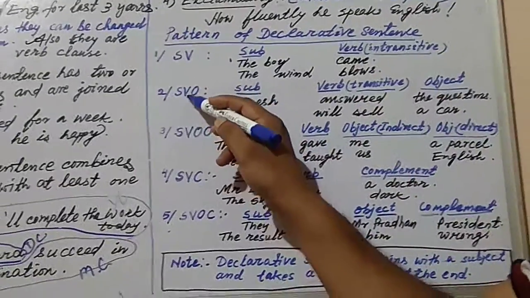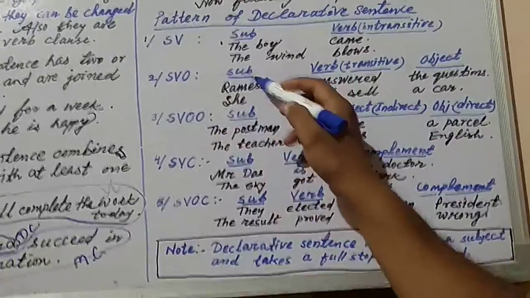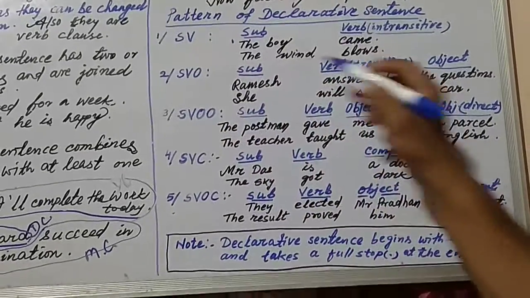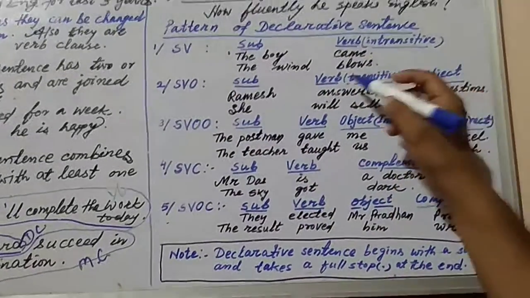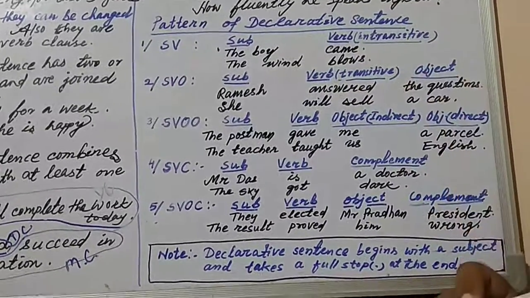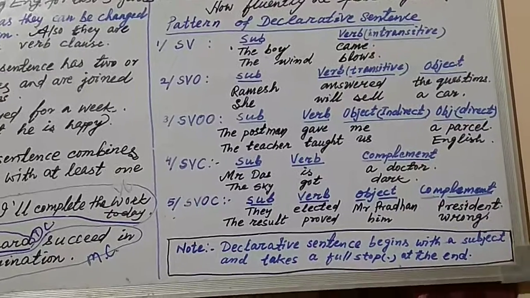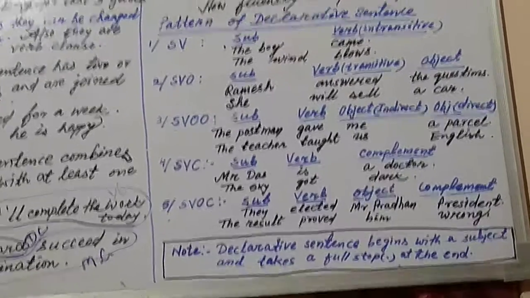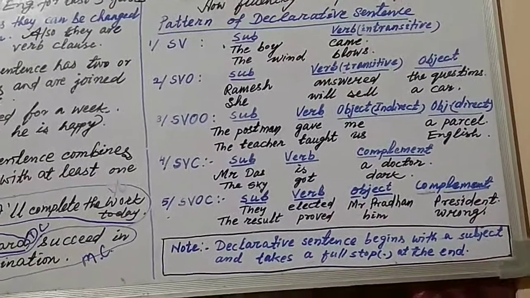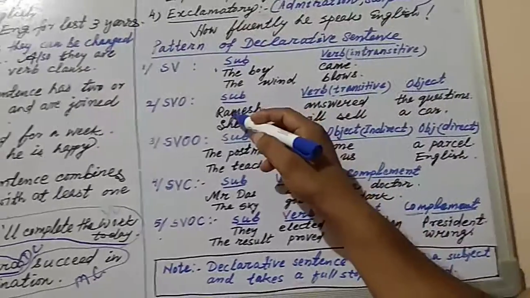Second one is, let's see, SVO. What is SVO? S means subject, V means verb, and O means object. Here verb is transitive. What is transitive? Transitive means the verb which takes the object after it. That means it is followed by an object. That is called transitive verb. So let's see the example.